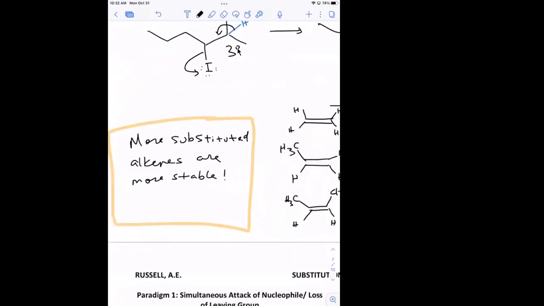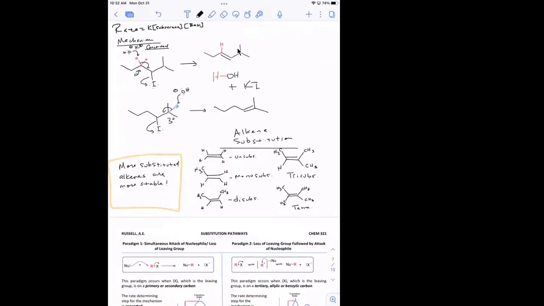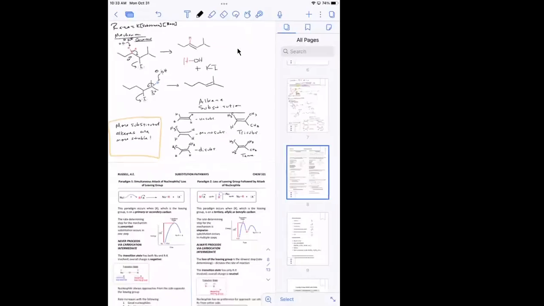More substituted alkenes are more stable. So if we go back to the elimination, I'm going to talk about why they're more stable too.